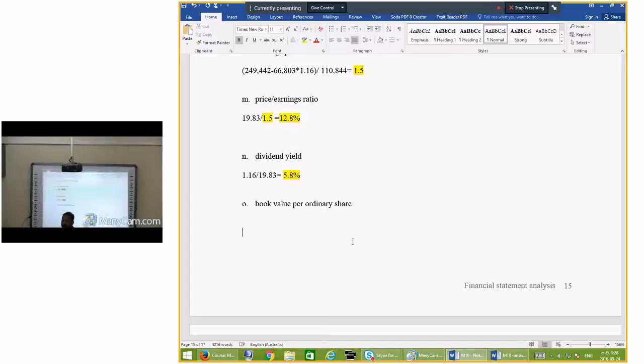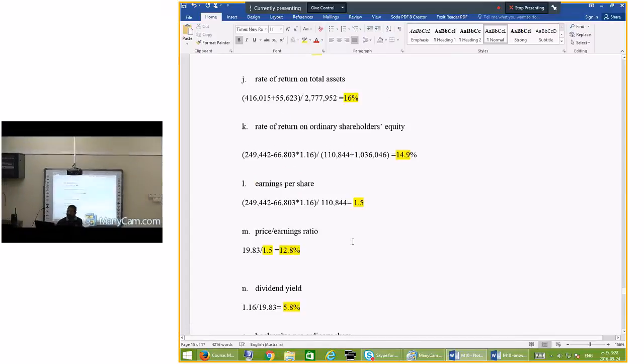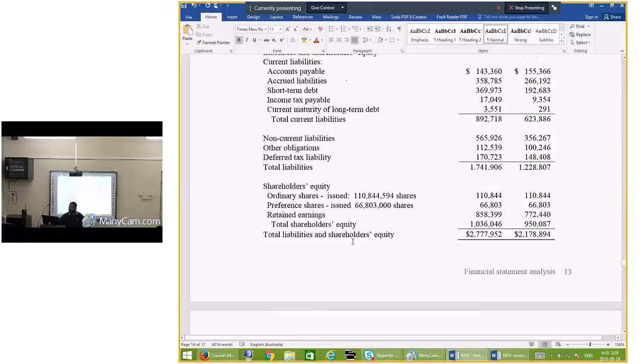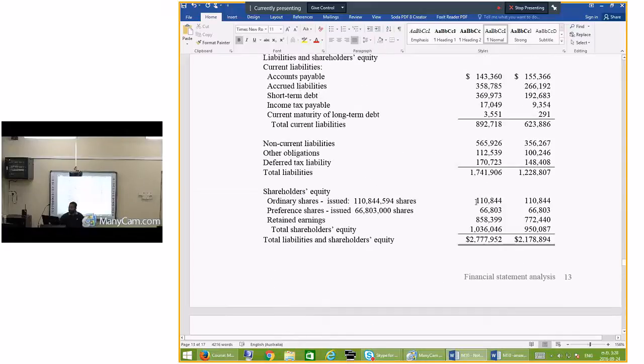Book value per ordinary share. Ordinary shareholders' equity means other than preference shareholders.